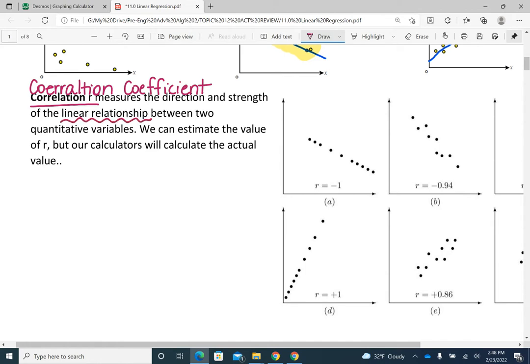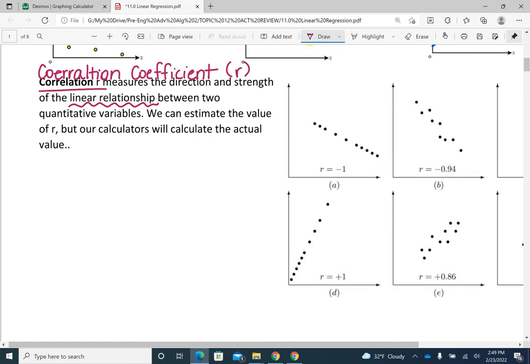Now, if it's curved, this correlation coefficient, otherwise known as R, is not really applicable. But if we have a linear relationship, we can use R to determine how strong that is. So we can estimate the value of R, but we'll use a calculator to actually determine it.